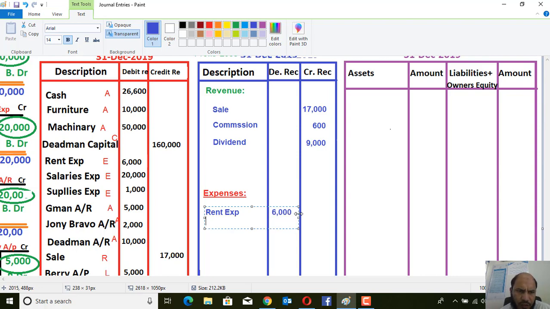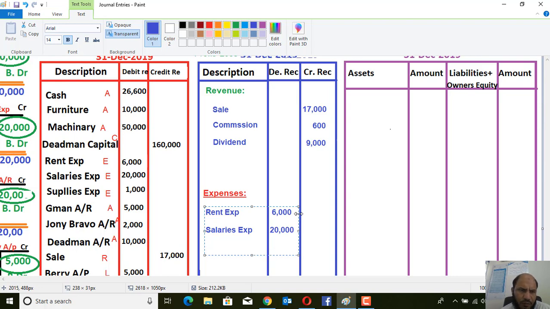The second one is salaries expenses, which were equal to 20,000.